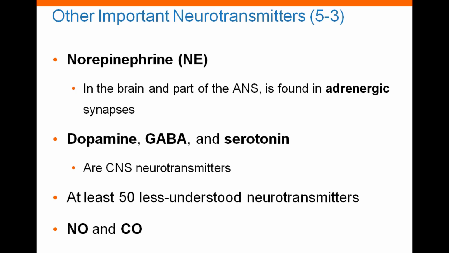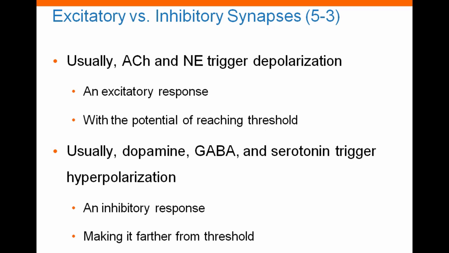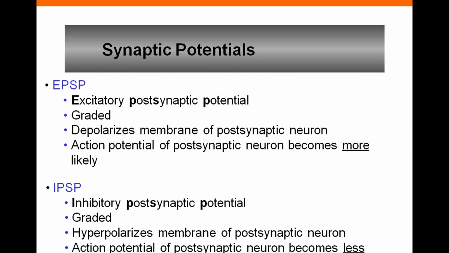Dopamine and serotonin are CNS neurotransmitters. There are at least 50 less understood neurotransmitters. For example, NO and CO are gases that act as neurotransmitters, as mediators.